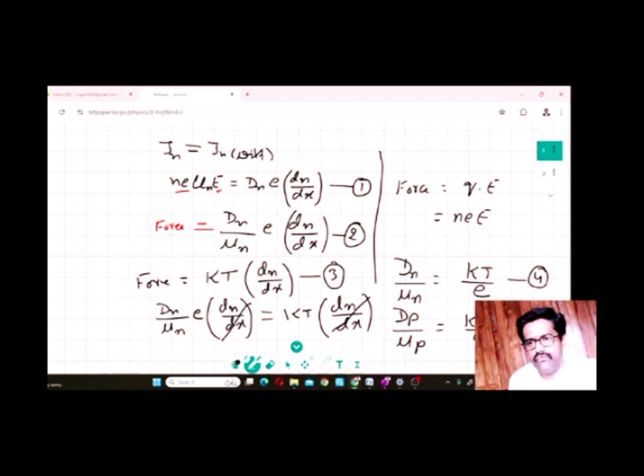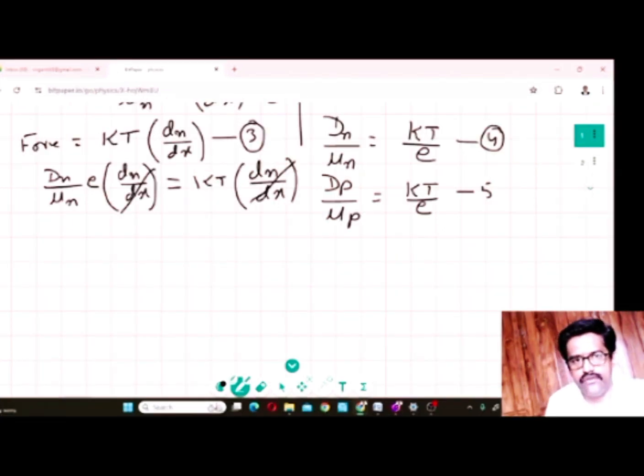That is equation number 5. Now, equating 4 and 5, we get Dn by mu n is equal to Dp by mu p.